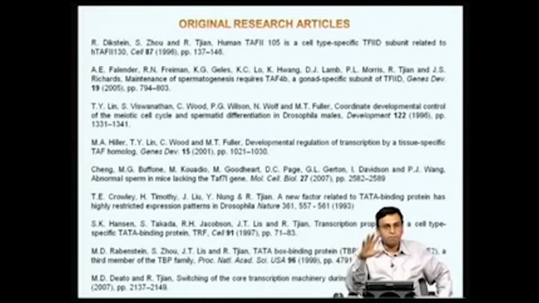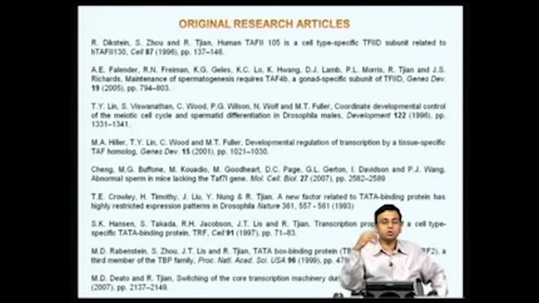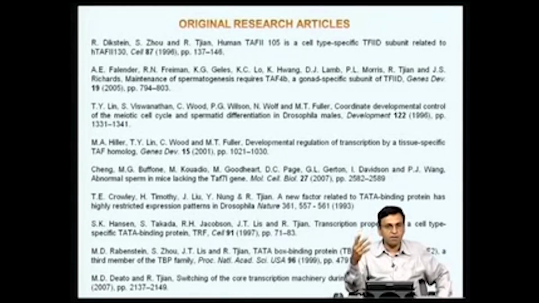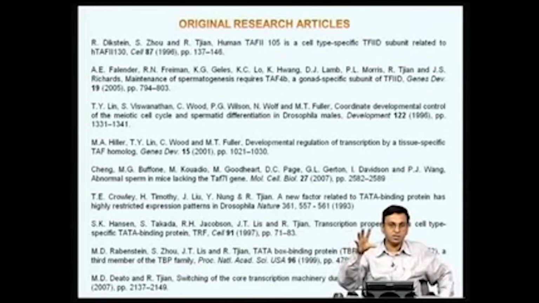So, I have told you very briefly about how tissue specific or developmental stage specific expression of certain variants of TAFs can contribute to differential gene regulation, and I also told you how variants of TBP itself, like TRF1, TRF2, TRF3, can also result in activation of a different set of genes at different time points or in different tissues. So, an important point that you have to remember is that TFIID is not just there to initiate transcription from Pol II promoters.